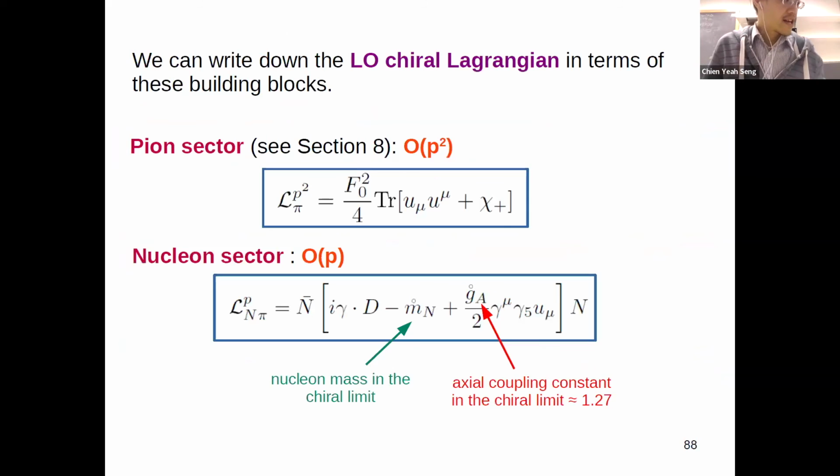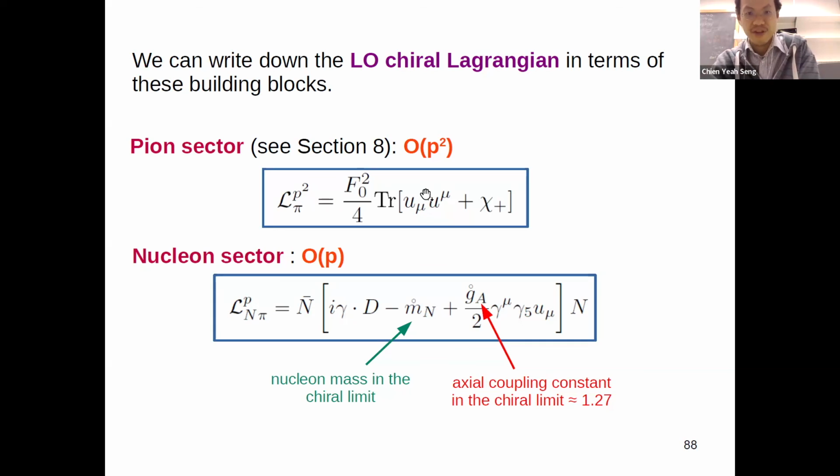So we quickly glance through the leading order chiral Lagrangian in terms of these blocks. The pion Lagrangian, which we introduced in the previous section, is F0 squared over 4 times the trace of the covariant derivative of U dagger with the covariant derivative of U, plus the term with U chi dagger plus U dagger chi.